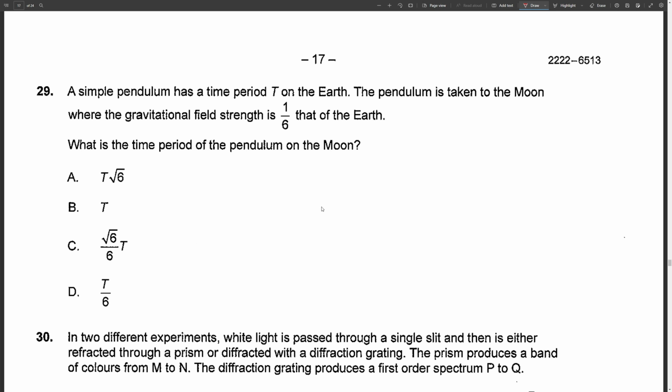Question 29. Finally, we reach the AHL contents. Here, we have a simple pendulum with its time period being T. Using your formula sheets, you can see the time period of its SHM pendulum should be 2 pi square root of L over g.